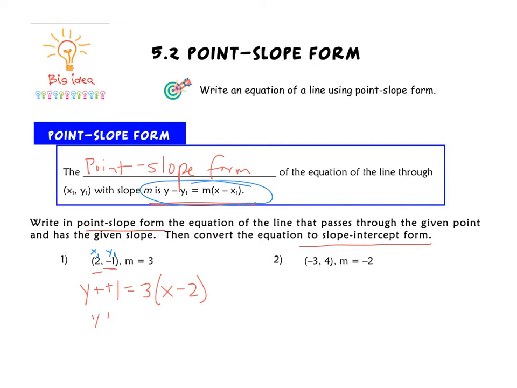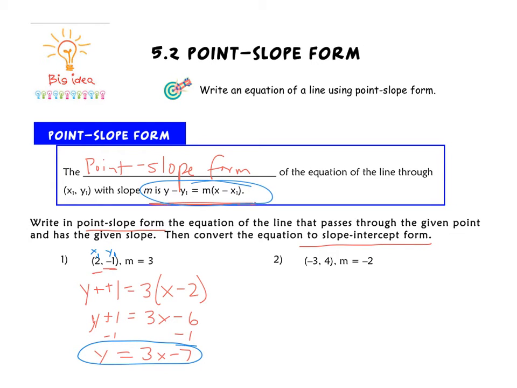So y plus 1 equals 3x minus 6. And then the second thing that we have to do is subtract the 1 over in order to get the y by itself. So I'm going to subtract the 1 from both sides, and I get y equal to 3x minus 7. And now my equation is in slope-intercept form.